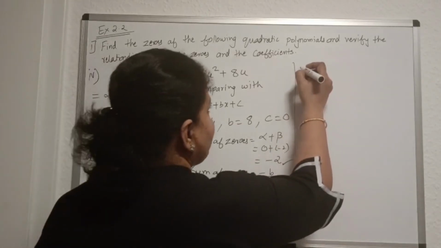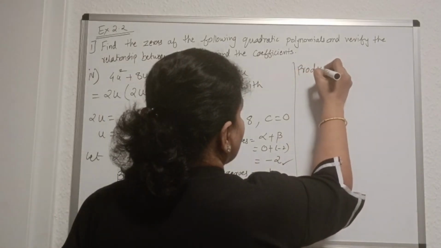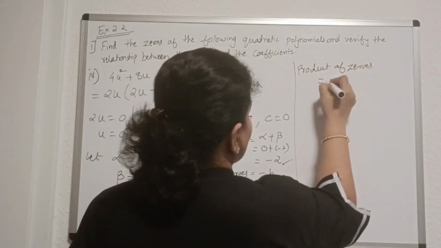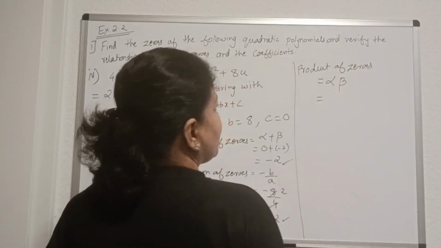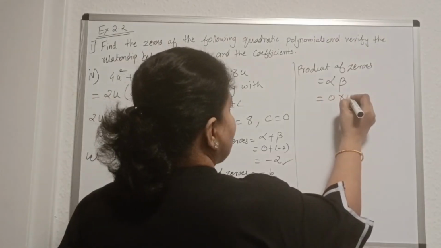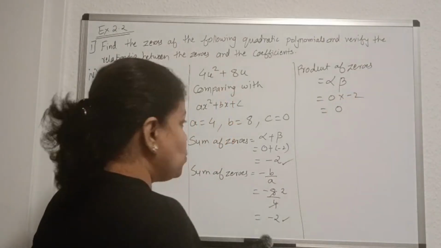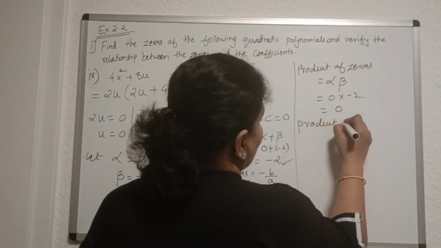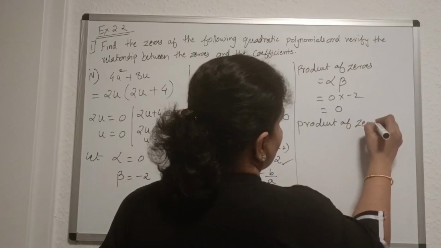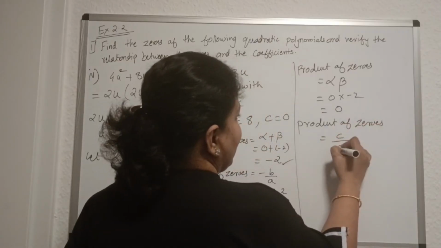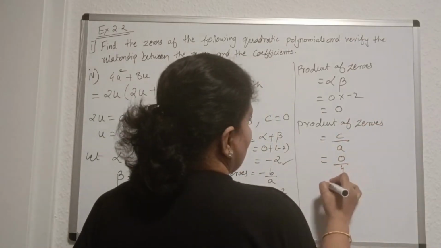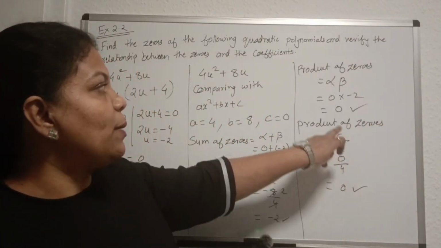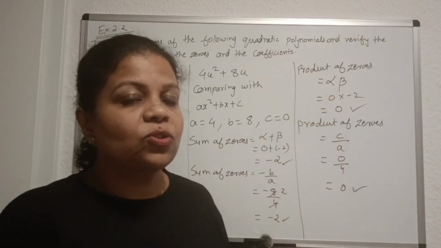And the next relation that we have to see is the product of zeros. Multiply alpha into beta, alpha is 0 into beta is minus 2. Your answer is 0. And by formula, for the product of zeros, your formula is c by a. C is 0, a is 4. Answer is 0. So you can see by formula it is 0 and by manual multiplication it is also 0. So it is verified.